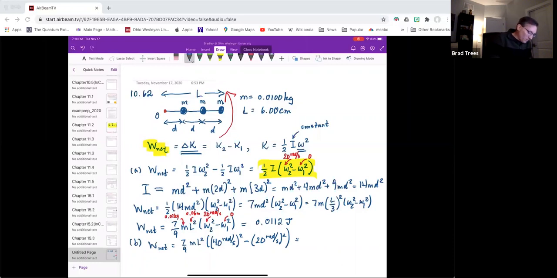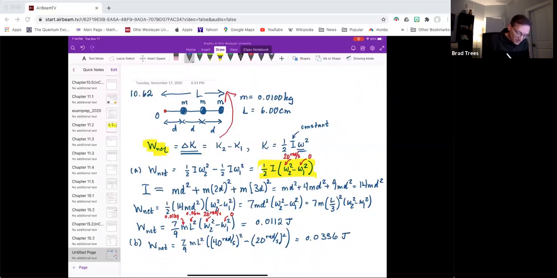Well, 40 squared minus 20 squared, and then times 7 divided by 9 and times m and times L squared. And I get 0.0336 joules.